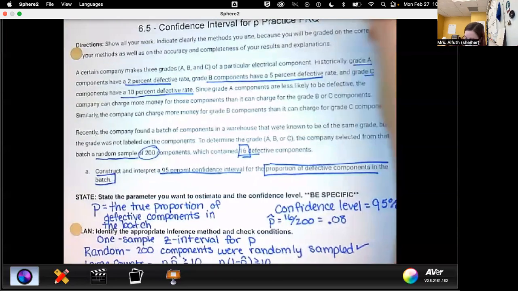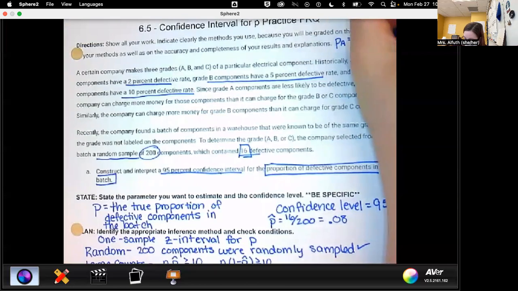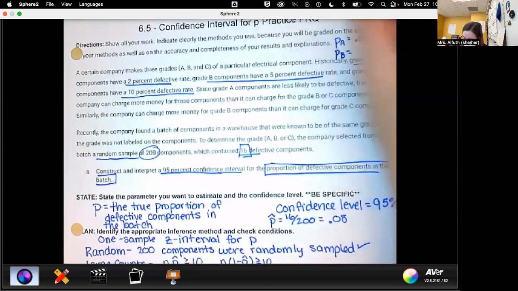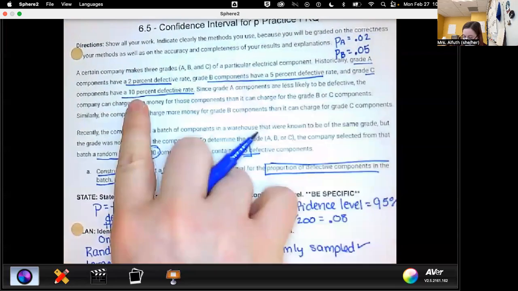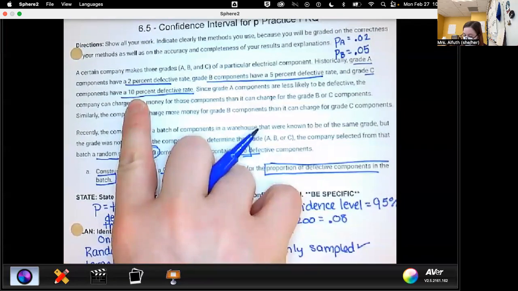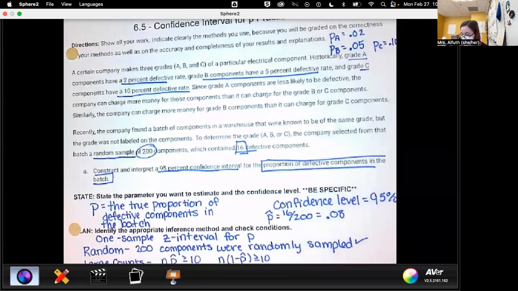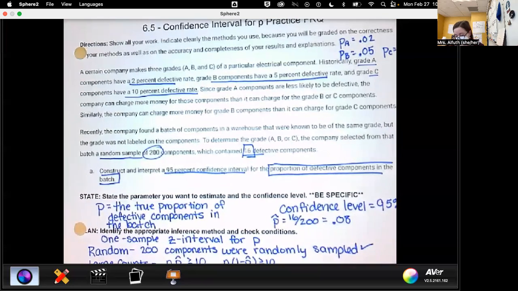The true proportion of defective for A was 2% or 0.02. The true proportion of defective for B was 5% or 0.05, and the true proportion of defective for C was 10% or 0.10.